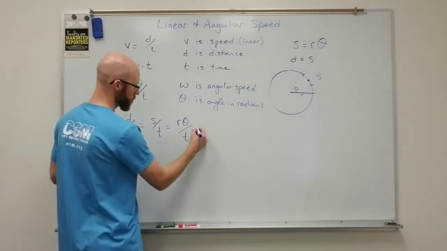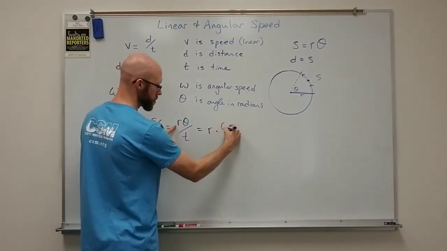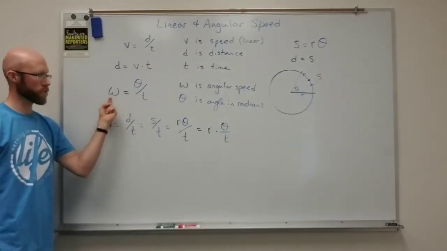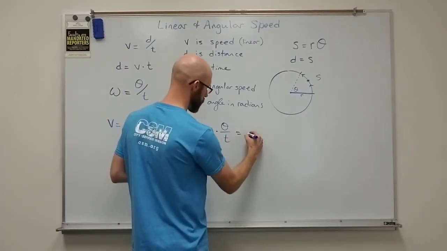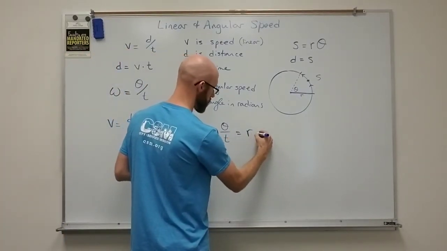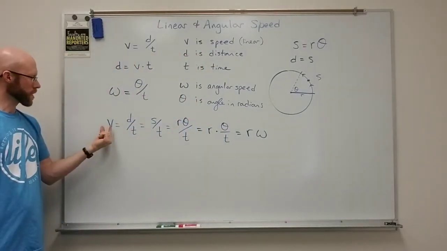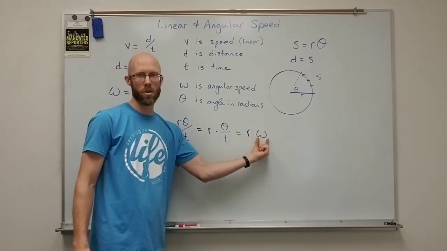And so if I peel off the r and think of it as r times theta over t, the theta over t portion can be replaced with the omega. And so v is really r times omega. All right. So the linear speed is equal to the radius times the angular speed.